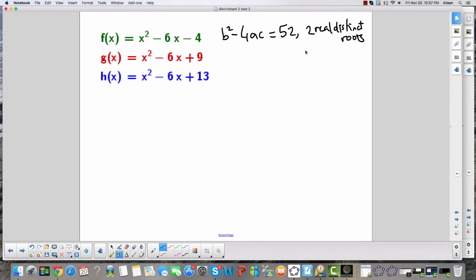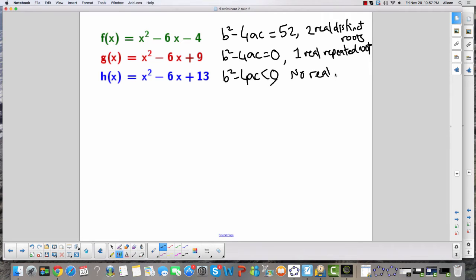Here b squared minus 4ac was equal to 0, and we had 1 real repeated root, 3 followed by 3. And on the final one, b squared minus 4ac was less than 0, meaning the left hand root couldn't be calculated, the right hand root couldn't be calculated, so we say no real roots.